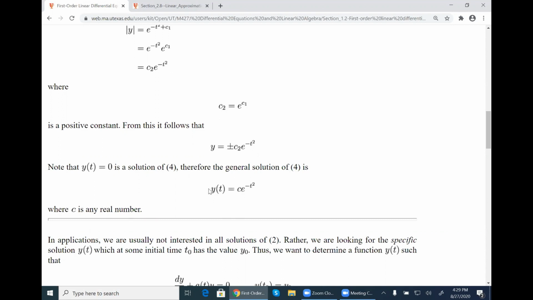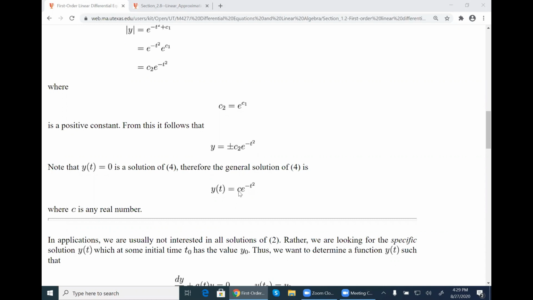Once again, there is a difference between this and this. Note that since c2 is equal to e to c1 and e to any power is positive, plus minus c2 can be either positive or negative, but it cannot be 0. So over here, the constant in front is any non-zero real number.